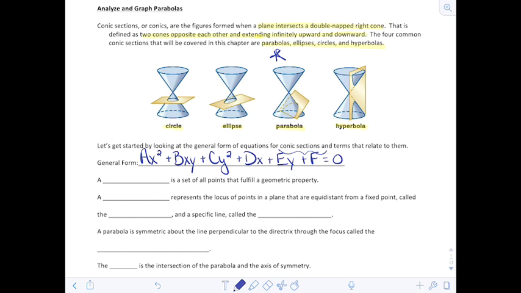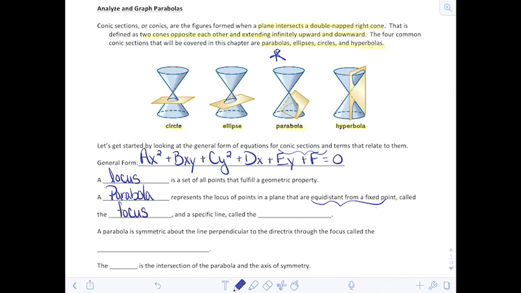Okay? Some more terminology. The next one is a locus, L-O-C-U-S. This is the set of all points that fulfill a geometric property. A parabola, specifically today, represents the locus, or the set of all points in a plane, that are equidistant from a fixed point called the focus.